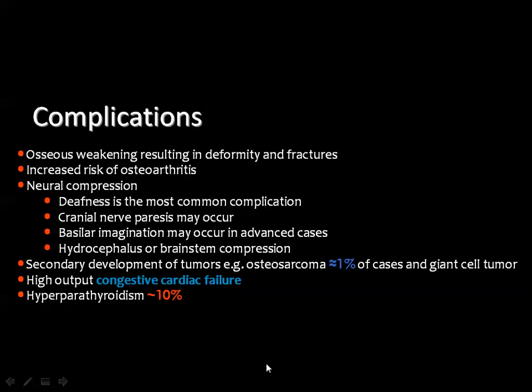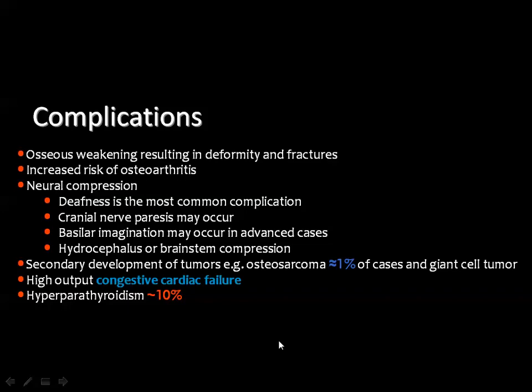Complications of Paget disease include osseous weakening resulting in deformities and fractures, increased risk of osteoarthritis in many of the joints, neural compression leading to deafness, which is considered the most common complication, cranial nerve palsies, basilar invagination due to bone softening of the skull base, hydrocephalus or brainstem compression.